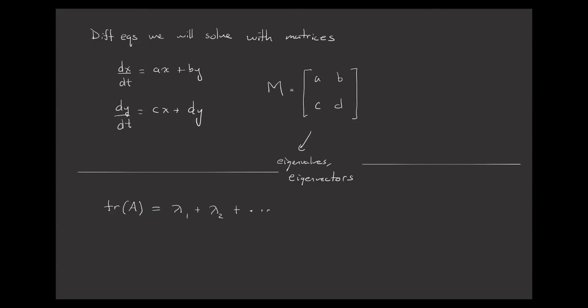And this is a formula that works even if you have an n by n matrix. Correspondingly, the determinant of a matrix A is the product of all the eigenvalues.